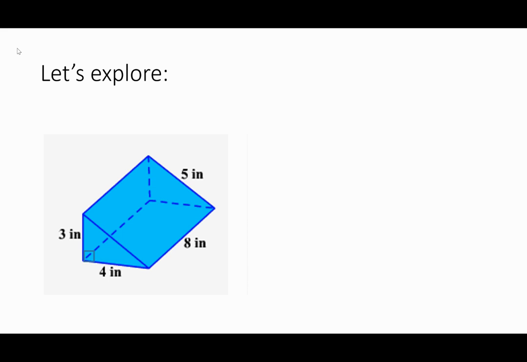We have a triangular prism. This one's laying on its side, and we have certain things that we need to use terminology for. So these triangles at the end are called the base. In a prism, remember that the sides are all rectangles, so you name it by its base.